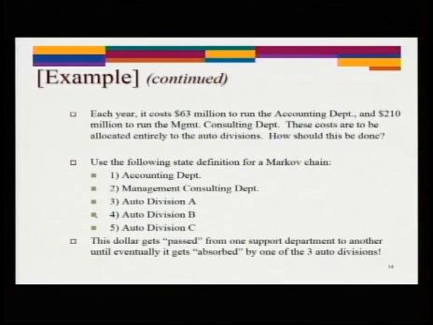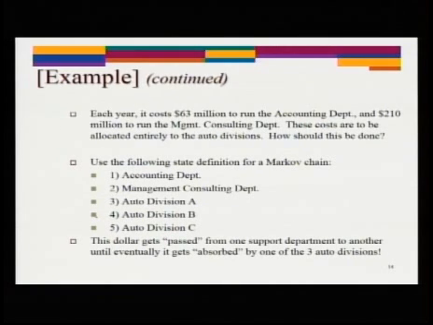In this case, we are going to model $1 of cost as a Markov chain with 5 possible states.